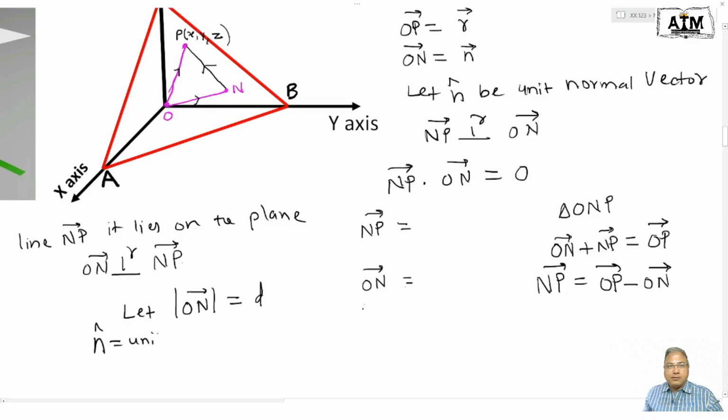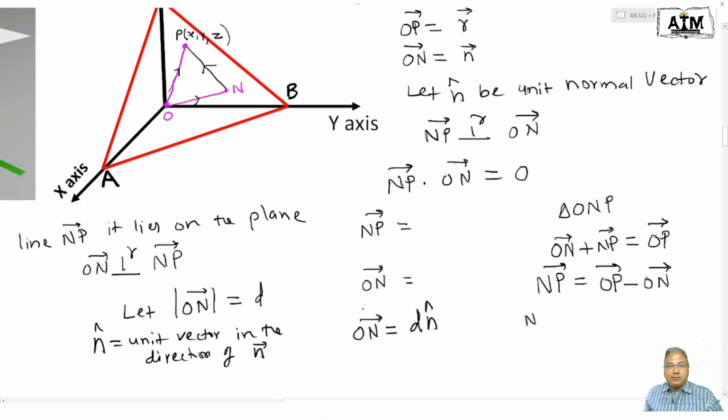Unit vector in the direction of vector n is nothing but n cap, and we can represent vector ON in terms of the unit vector, that is D multiplied by n cap will give you total vector ON.